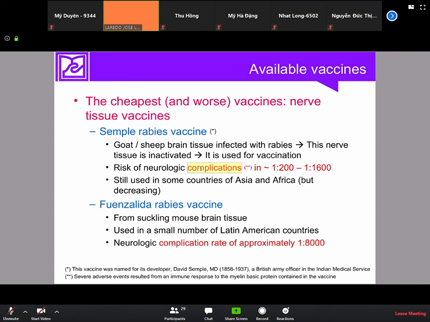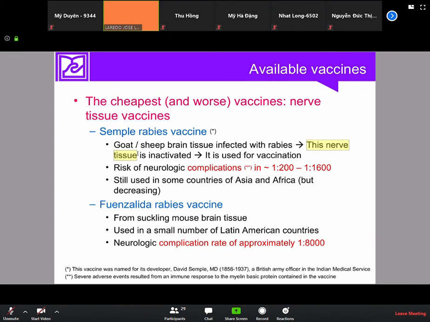Many side effects. Why? Because of the procedure to make the vaccine. These vaccines are made in the brain tissue of animals. So we infect the brain of some animals with the rabies virus, and we take this brain tissue to make the vaccine.